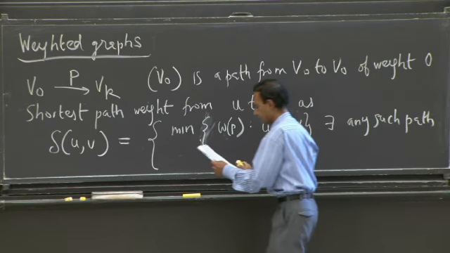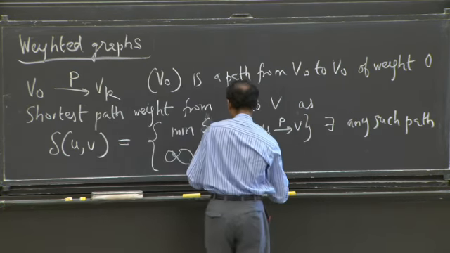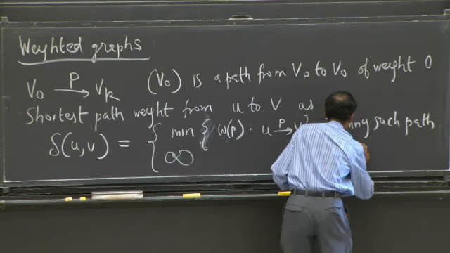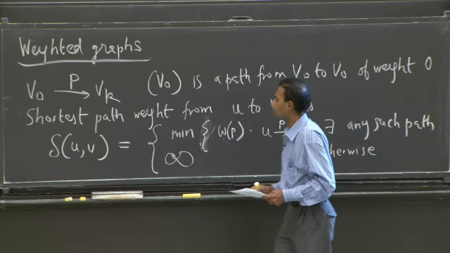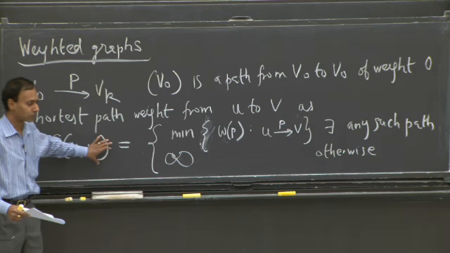And the last thing is you want the weight to be infinity otherwise. So if you're only talking about roads, going from here to Tokyo should have length infinity. A little matter of the Pacific Ocean in between, right?